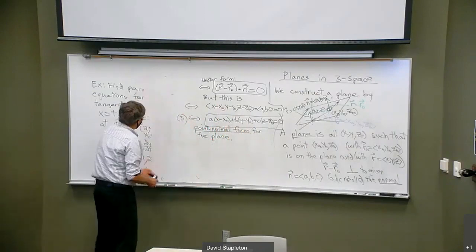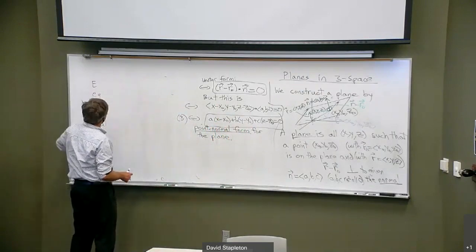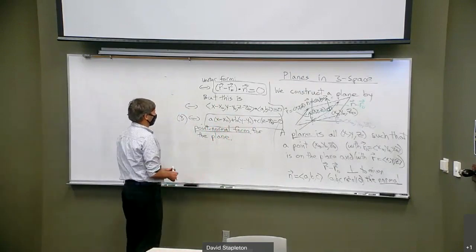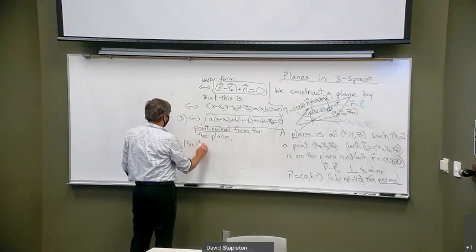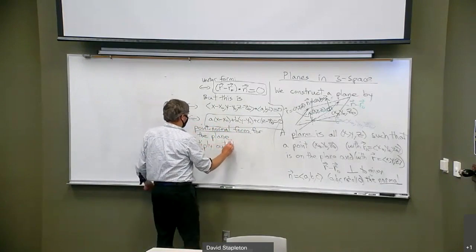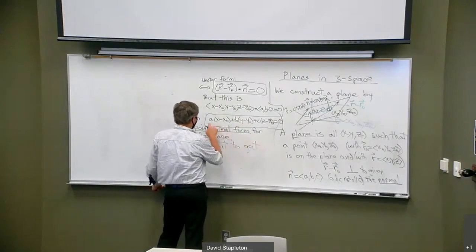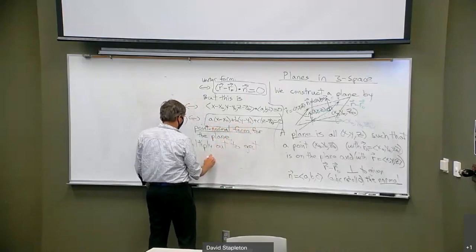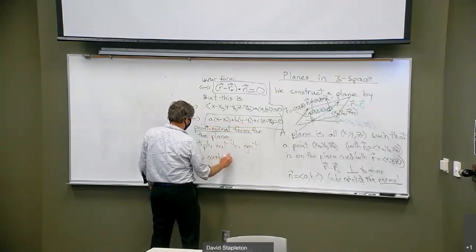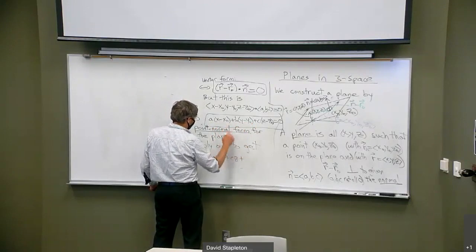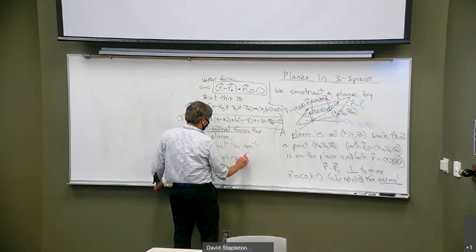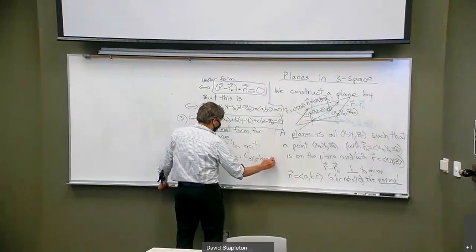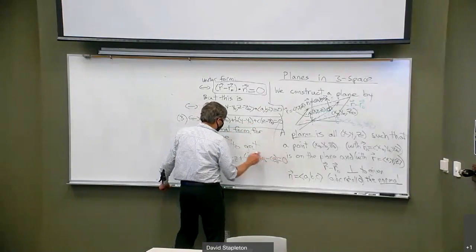Now, if you multiply this out, this is the most important equation, though. Multiply out, grouping, you get Ax plus By plus Cz minus Ax0 minus By0 minus Cz0, all equals 0.